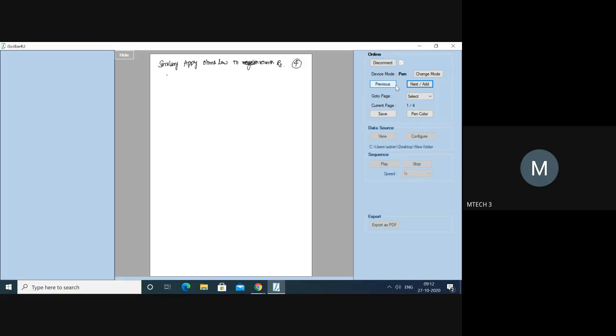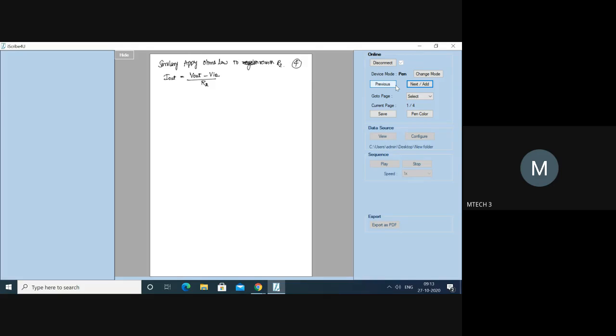Iout will be equal to, so Vout is the output voltage, minus Vin is the input voltage, divided by R2.